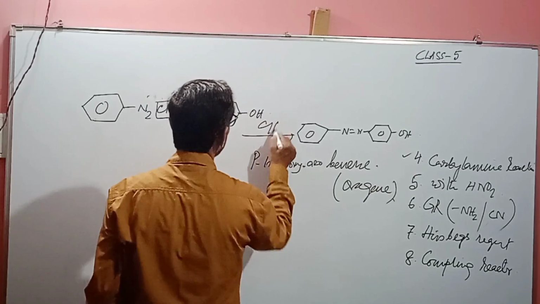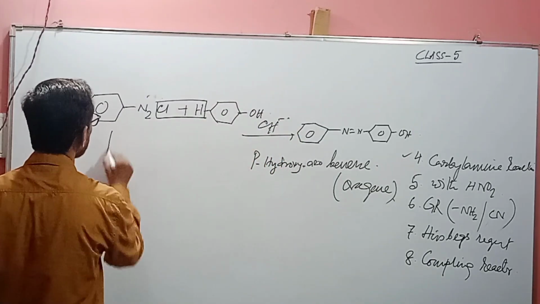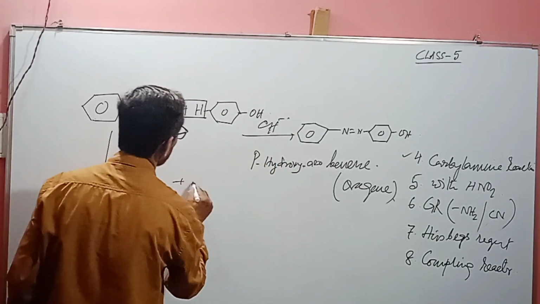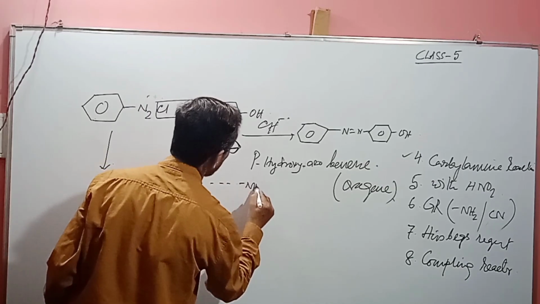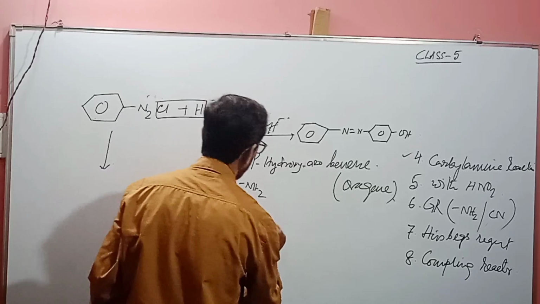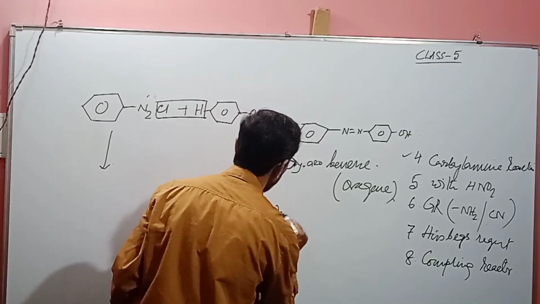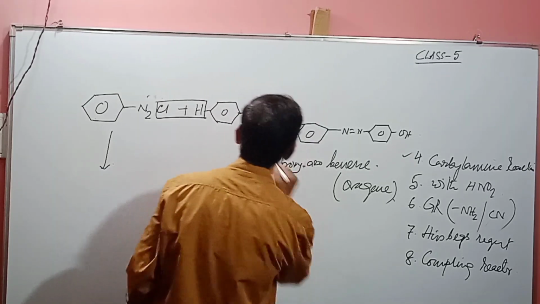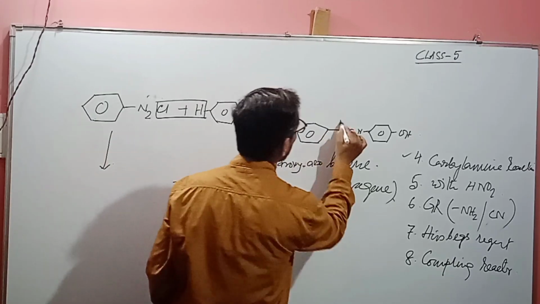And another type of same type of reaction, you use the same thing and you just use amine here. The compound will be para-amino azobenzene. This group is azo.